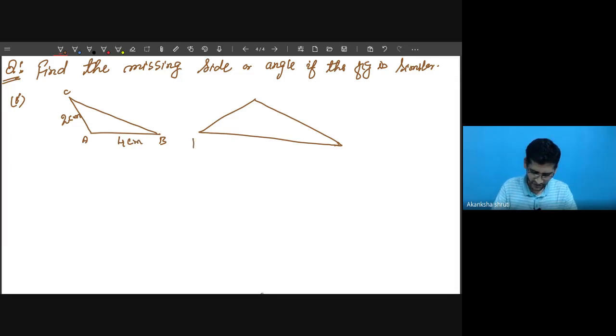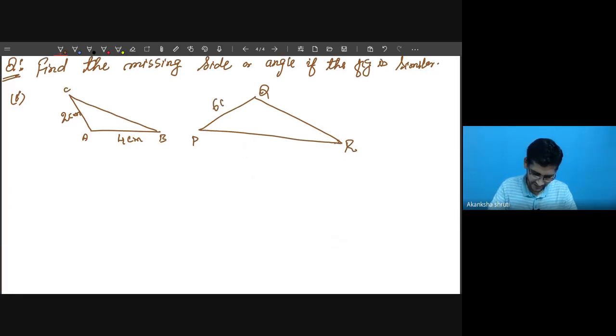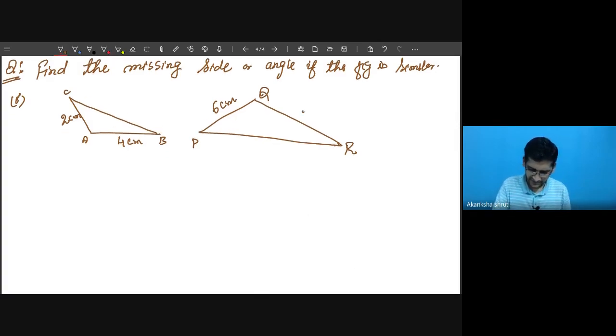Consider this as PQR, with this side 6 centimeter, and the other side as X, which we have to determine.